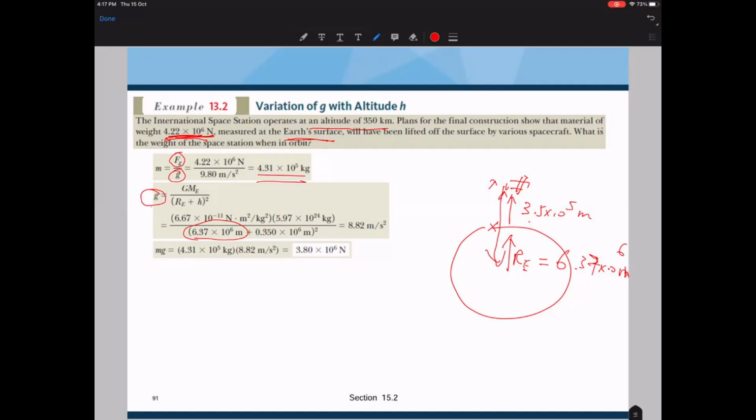So the new value of G has to be calculated by this equation, putting in H equals 350 kilometers, and you would get the new value of G at the space station. This would be the new weight of the material at the location of the space station, slightly lighter compared with the material at the surface of the Earth.